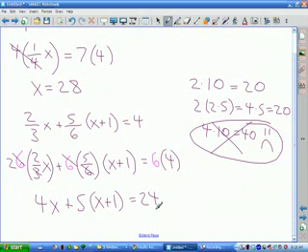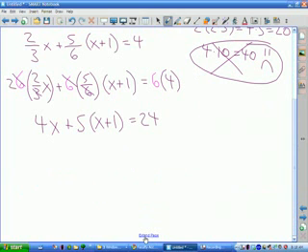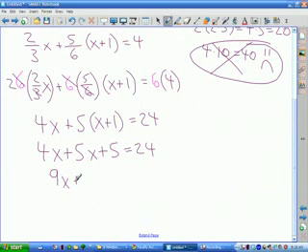Now we're done with the fractions. Okay. And now we can clear the parentheses. Gather like terms. Okay. And then just go and solve it.